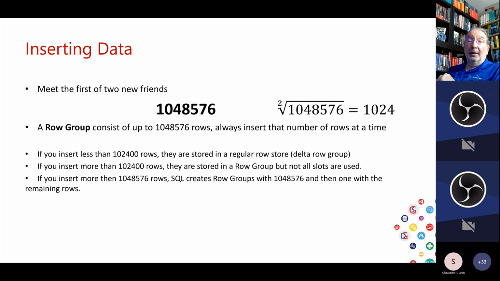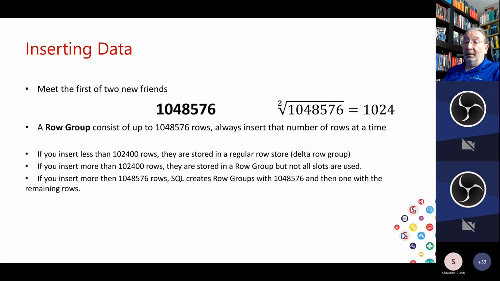If you insert more than 1,048,576 rows, it's very simple what happens. SQL will create one row group with that number of rows and then put the rest into a second one where the above rules get applied again. So if you insert 1,048,577 rows every time, you create one perfect row group and insert one row into that shadow table that will catch all the not big enough row groups.